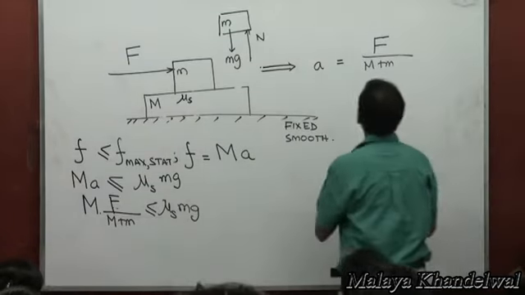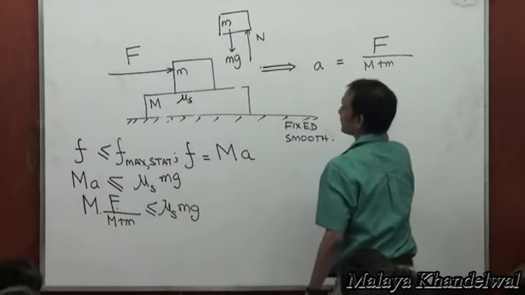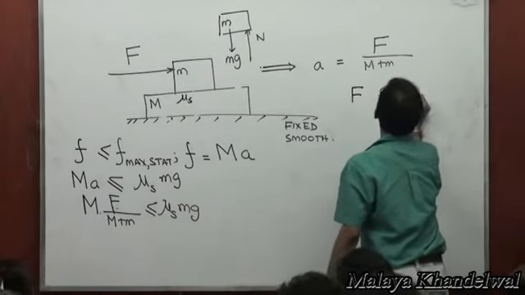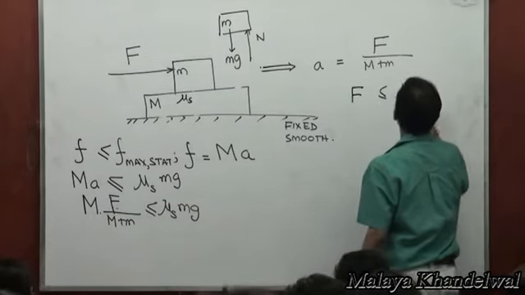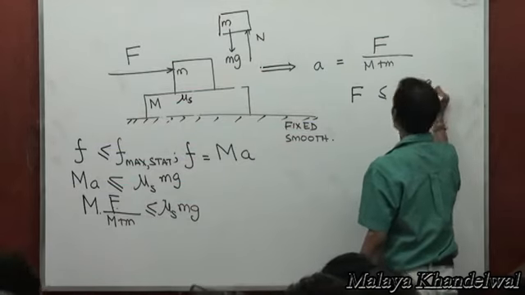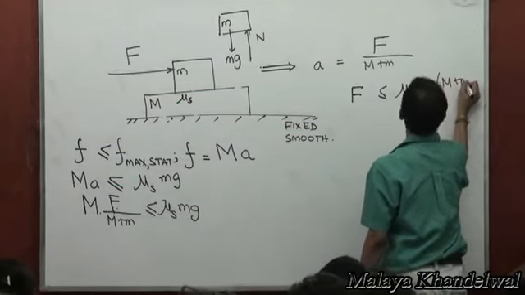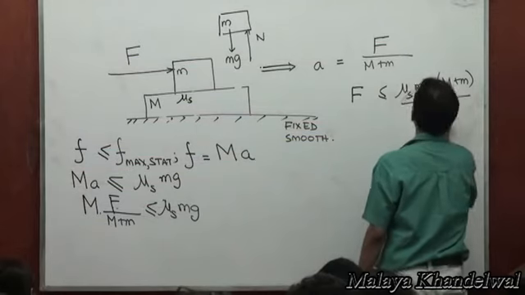So we have F less than or equal to mu s into mg into capital M plus small m by capital M.